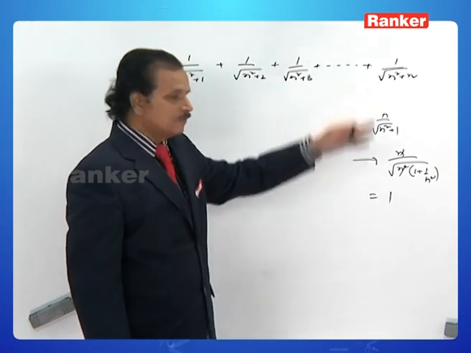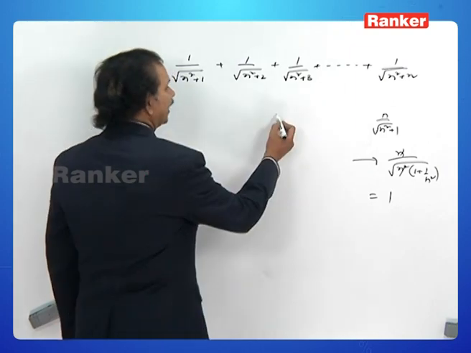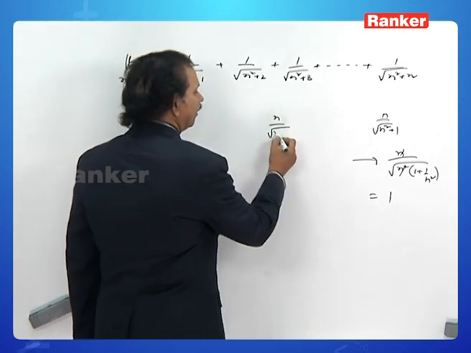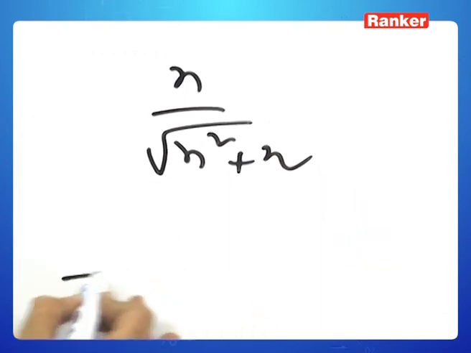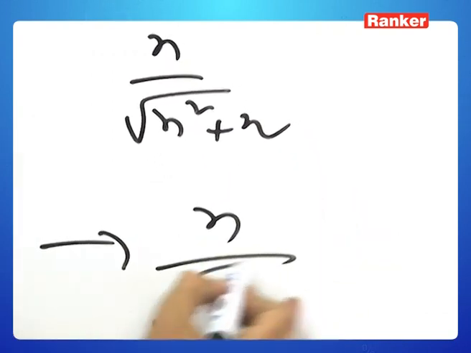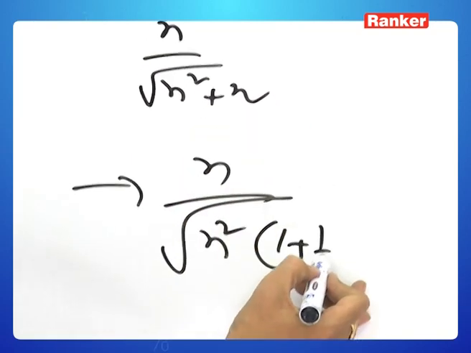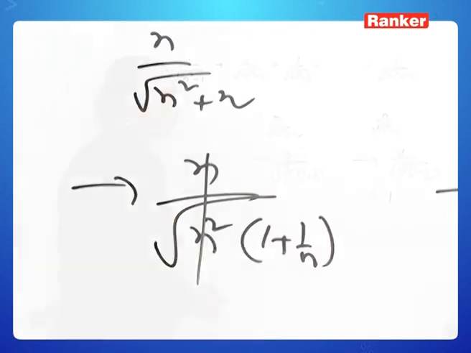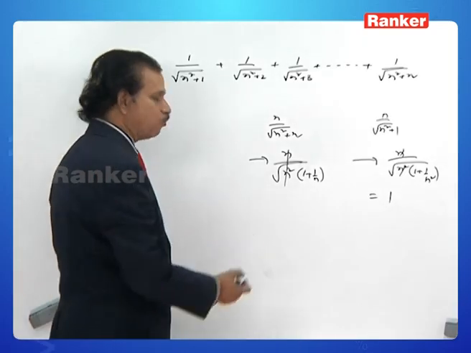Just like that, you do the same for the last term. What is going to happen? n by root of n square plus n is n by root of n square into 1 plus n by n square. Here also it is 1 plus 0, which is 1.